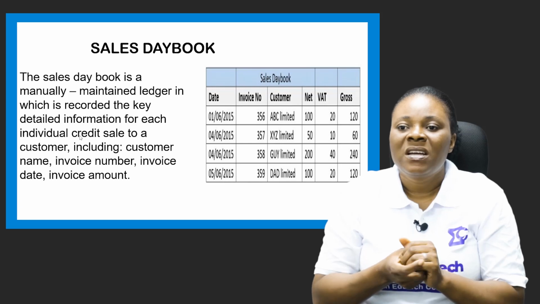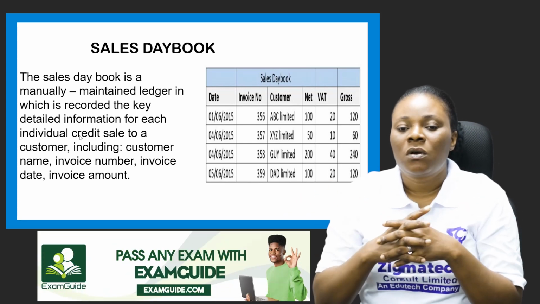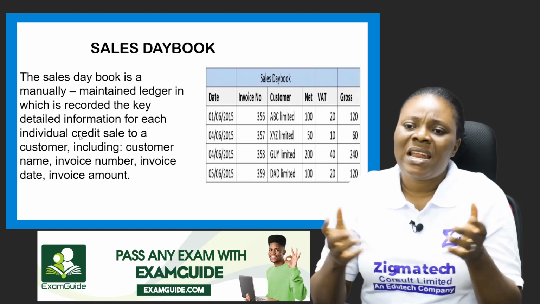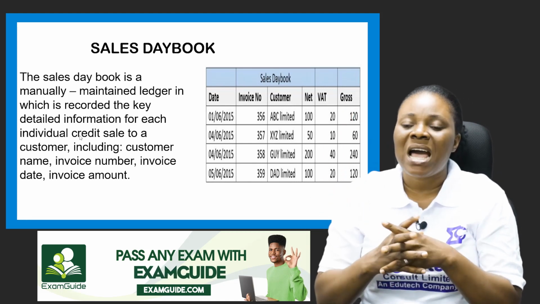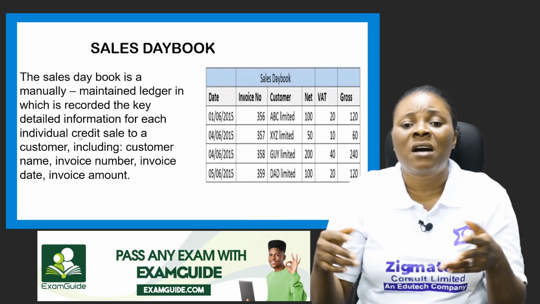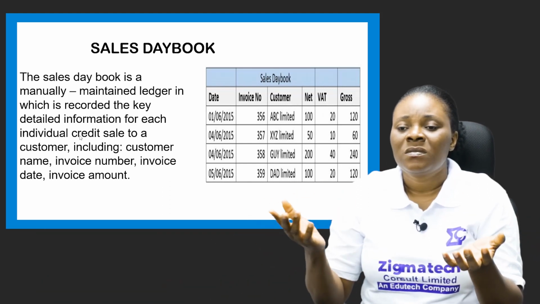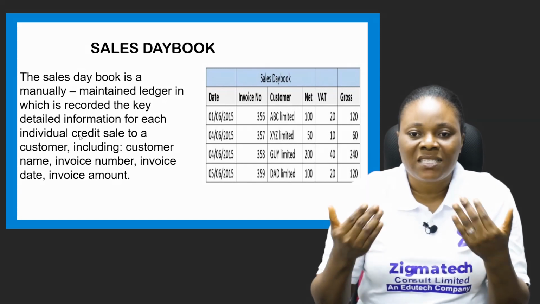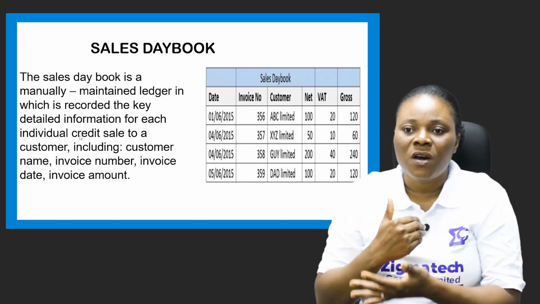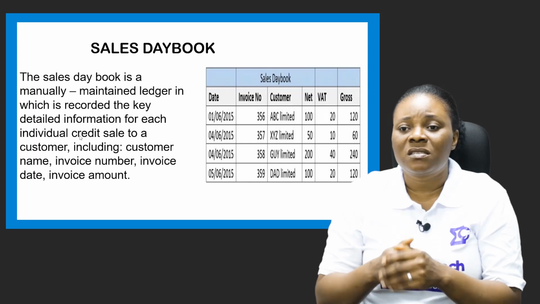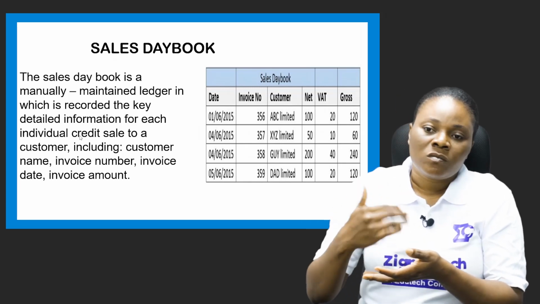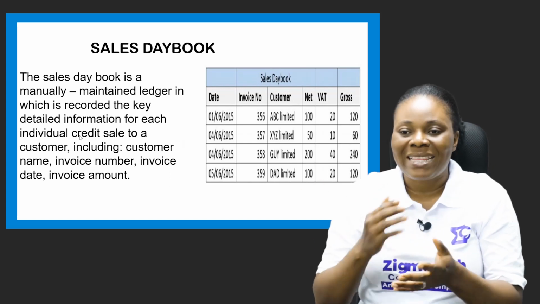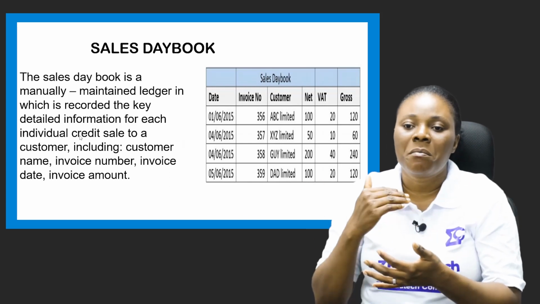Then you also have the total amount on the invoice. This helps you to know, let's say at the end of the month, how much credit sales you have made. It gives you a total amount of your credit sales as a seller at the end of a given period. This credit sales is mostly calculated or totaled at the end of the month.